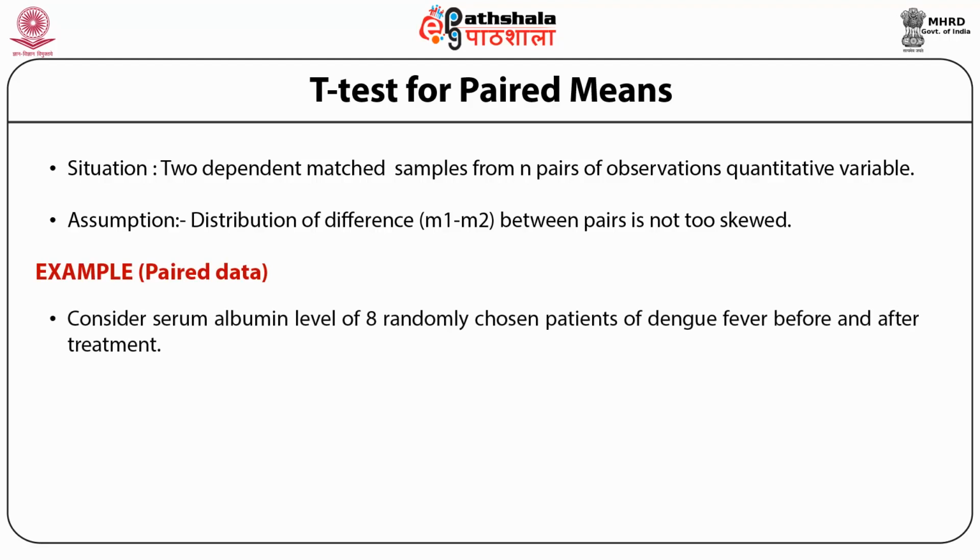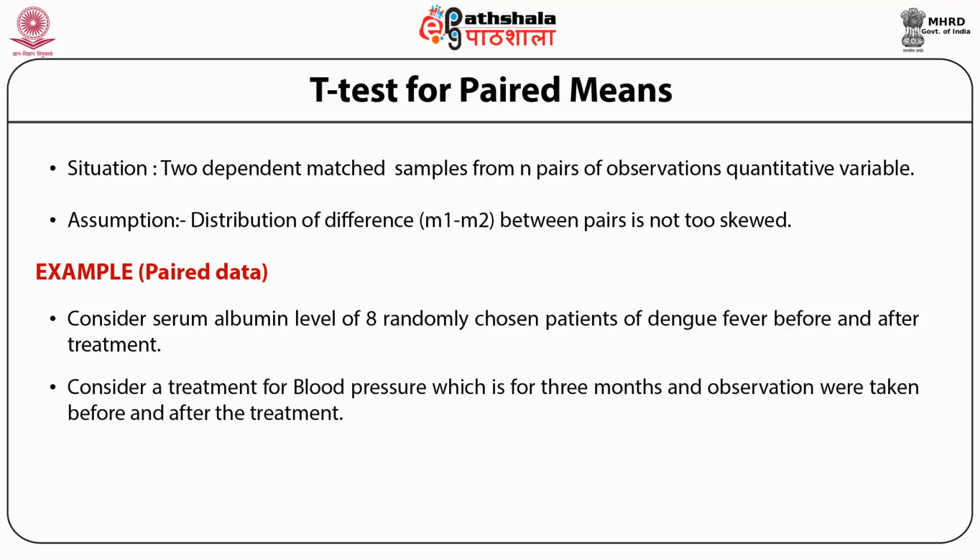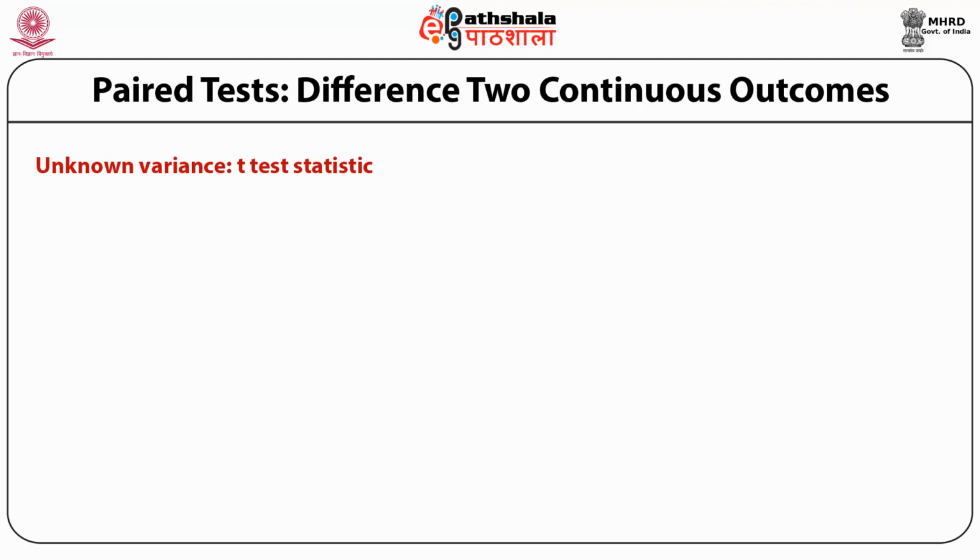Examples are serum albumin of 8 randomly chosen patients of dengue fever before and after the treatment. Consider a treatment for blood pressure over 3 months, measured before and after the 3 months. Follow-up cases are generally treated as paired data. So this is the assumption. What is H naught?